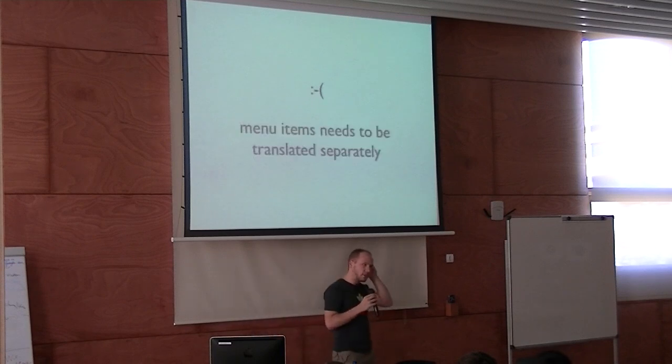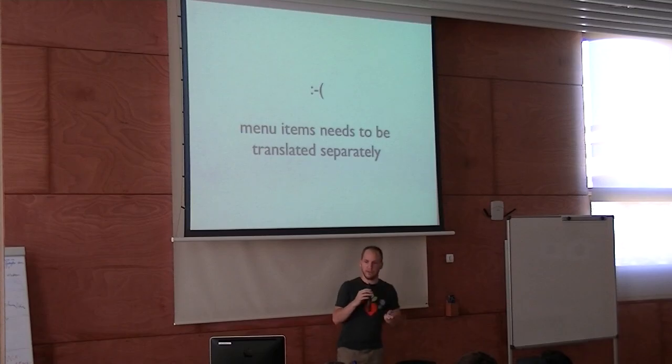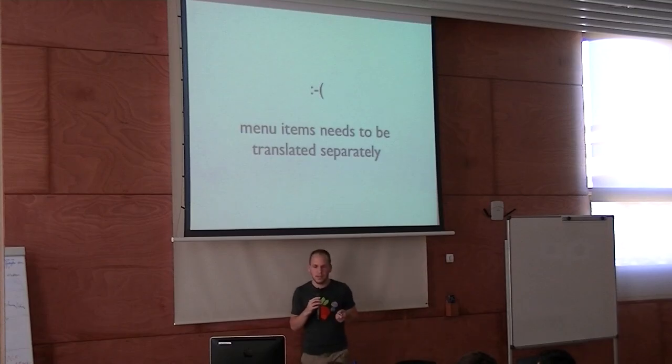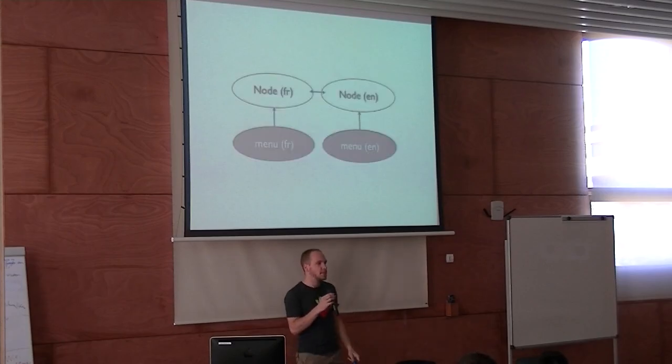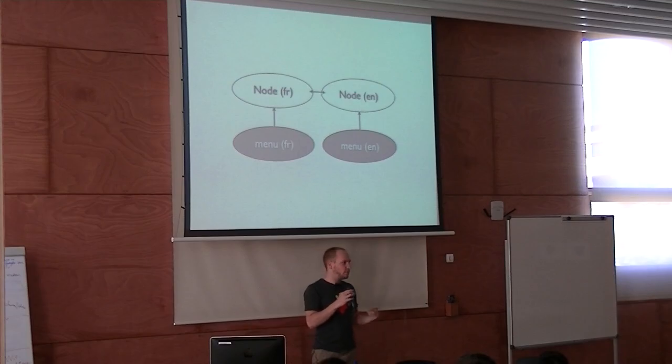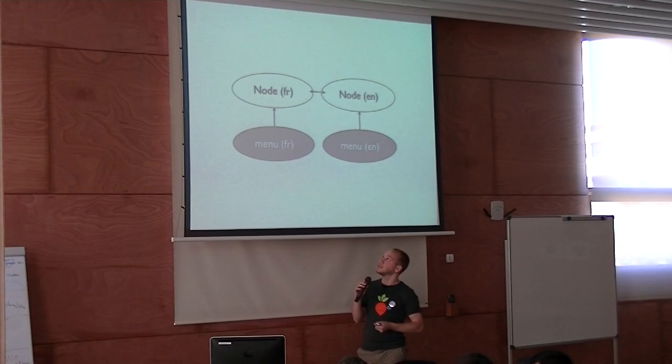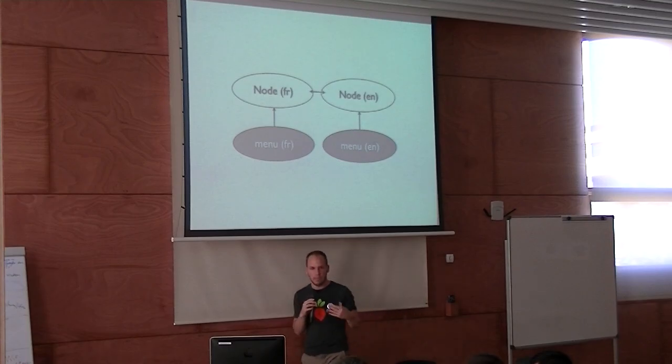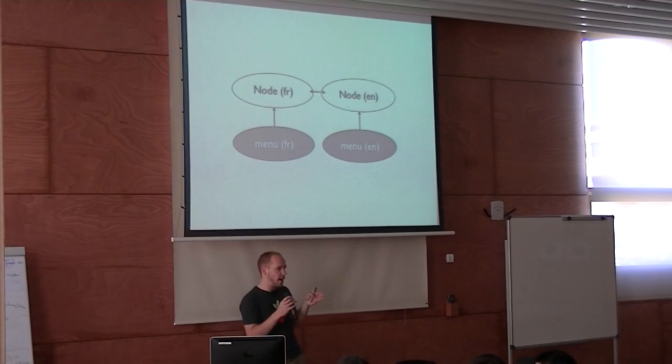Another thing that is not worse, but just different, is that menu items still need to be translated differently. Maybe if we look at it visually, for the regular content translation, the node translation way to add menu items to content is that you have one node per language, and you also have one menu item per language.